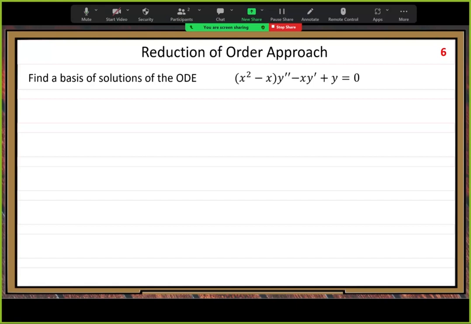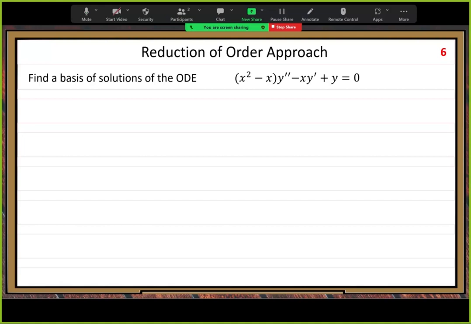First we guess a simple solution, because we need to have the first, non-trivial solution. In order to apply this technique, we need to have the first solution.